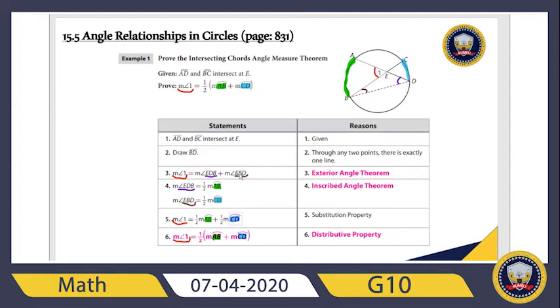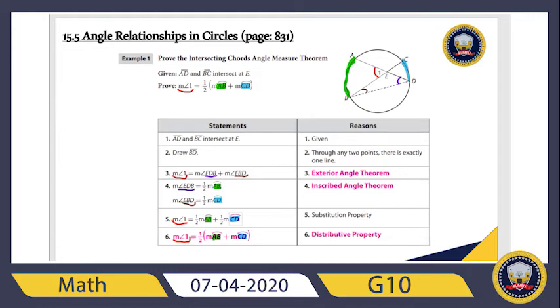Now the measure of 1 equals half of AB plus half of CD. Clear? Now just factor half out, so you'll have the measure of the angle 1 equals half of the arc AB plus the arc CD. And that's what the proof is about.